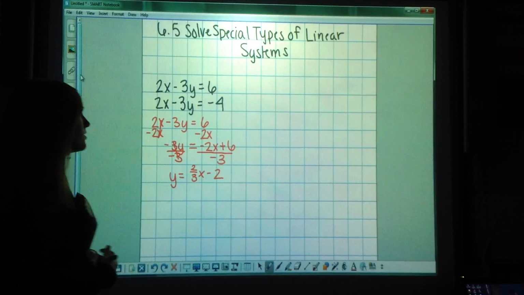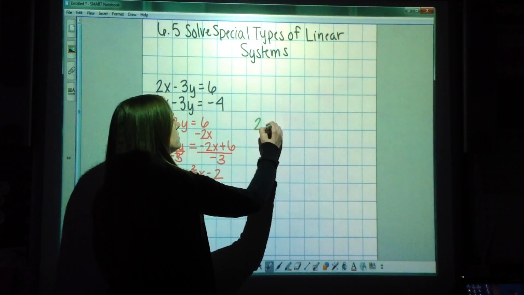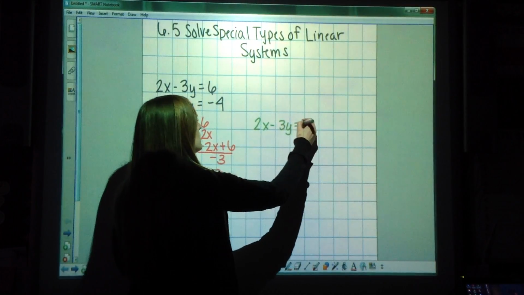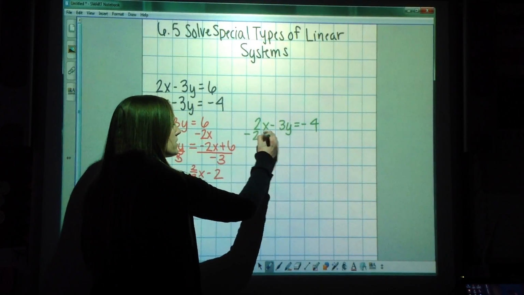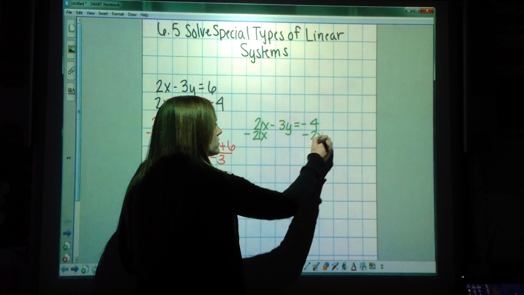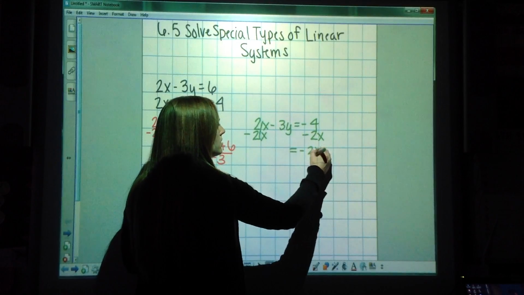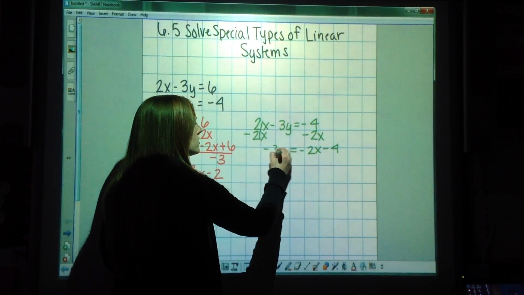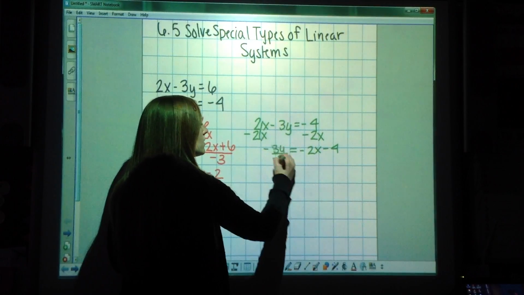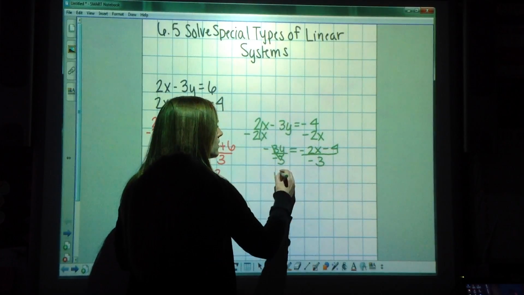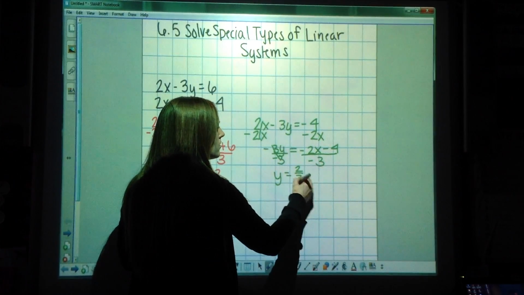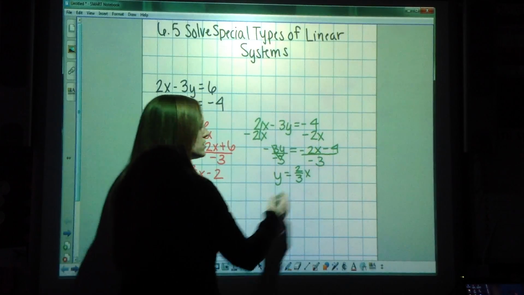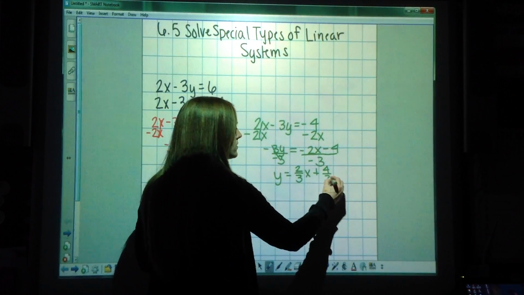I'm going to solve the other equation for y. Bring 2x over first, and these are not like terms, so I cannot combine them. So I get y equals 2/3 x plus 4/3.